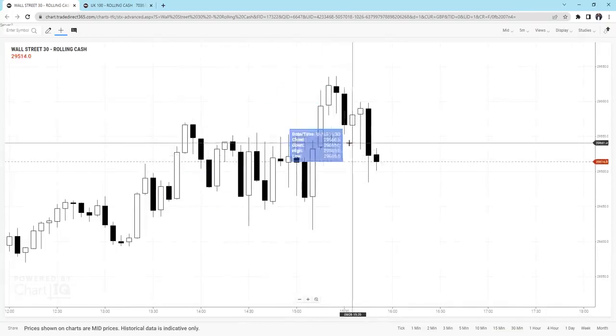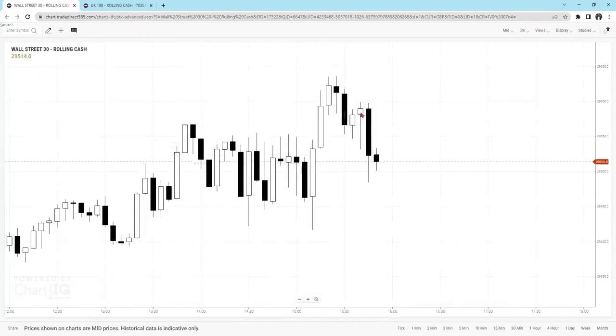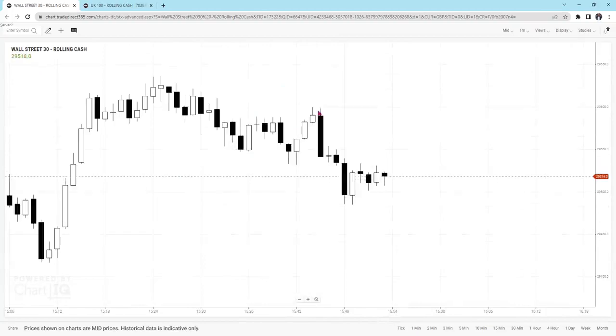Then we came down here, and I thought, okay, here's the fight. But then when I zoomed in on a 1-minute chart, I thought, whoa, what is going on here? So down here, I'm telling you, we need to get short. And then we got short right there. And then we got out here. Actually, I wanted to get out here because you get about 60 points and you think, oh, that's not bad for a nice little scalp.